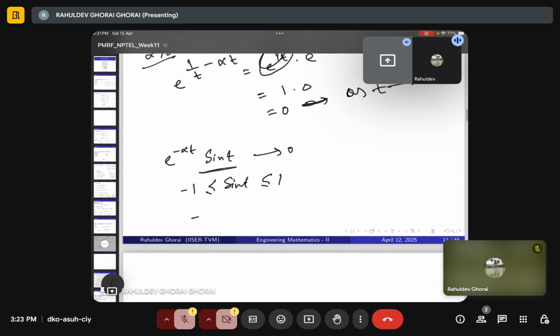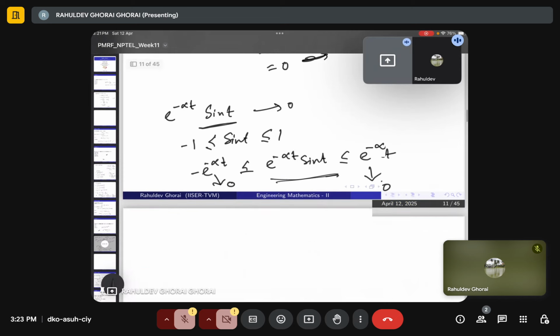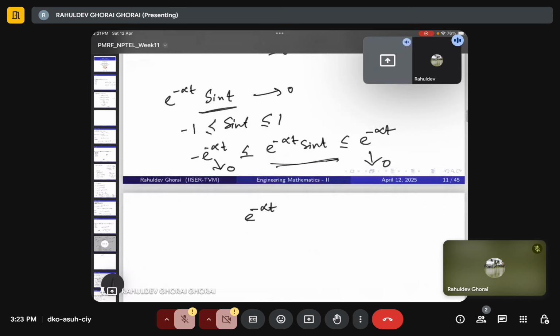If you multiply by e to the power minus alpha t, then e to the power minus alpha t sine t is less than e to the power minus alpha t, which converges to 0. For any positive alpha, this converges to 0. So sine t will be of exponential order.